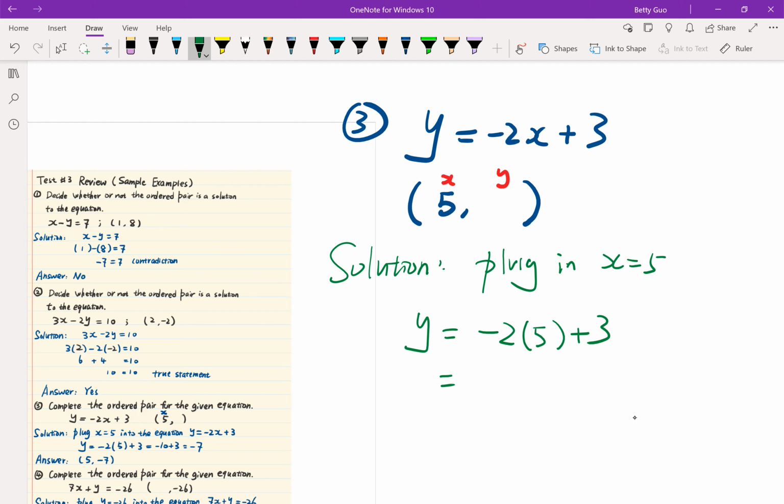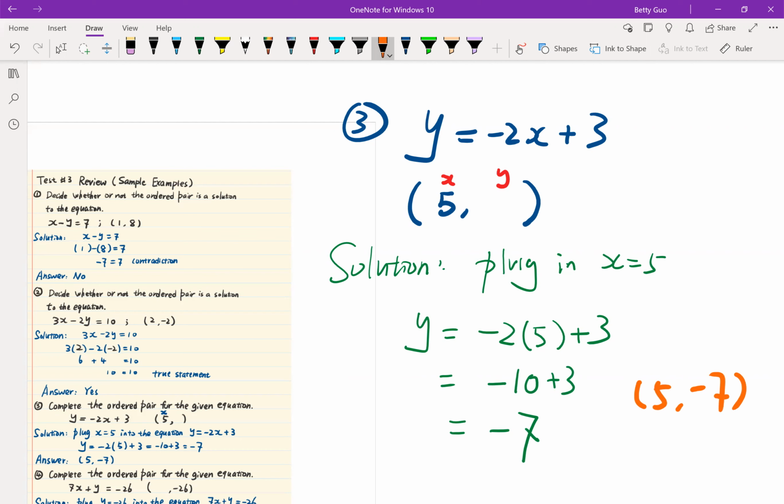Tell me, is it positive or negative? Negative what? 10. What's -10 plus 3? -7. Okay. So you are choosing -7. You look at the answer choices, you are looking for (5, -7).